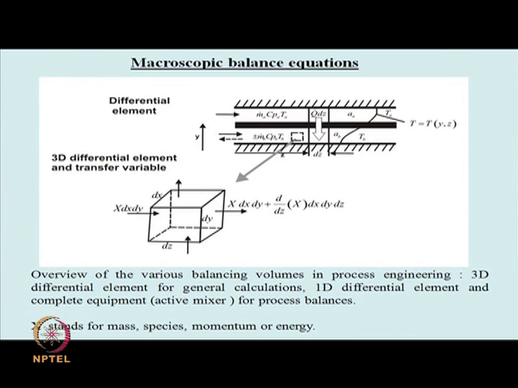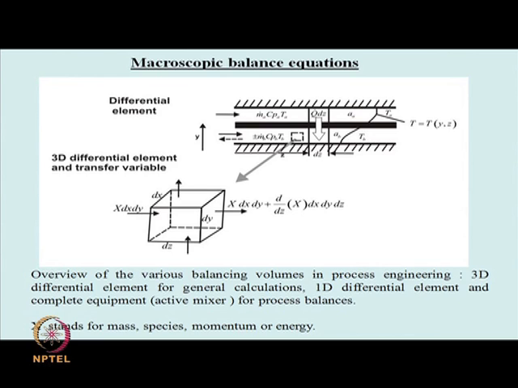Or in other words, you can look at a differential channel element and make heat balances such that you have, let us say, one hot fluid which is flowing. This is the solid boundary, and you have another fluid, a cold fluid, which is moving in the other direction, and then you have heat transfer across this from the hot to the cold.